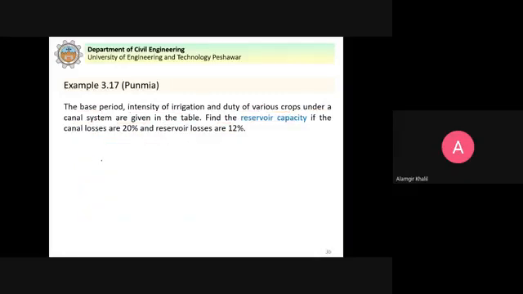You can see that we are given the crop. Then we have the base period, denoted by B, in days.